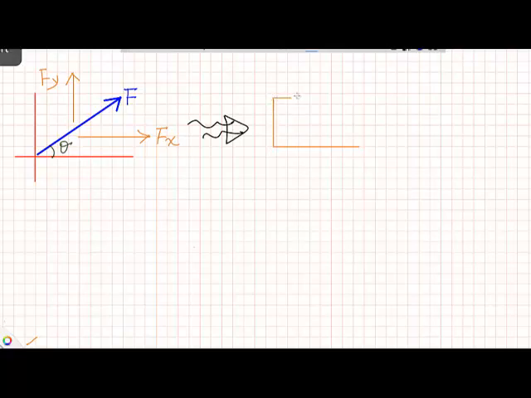So this will be the parallel to the x component, and this will be the parallel to the y component. And of course the force itself is connecting between this point and this point. This is F.